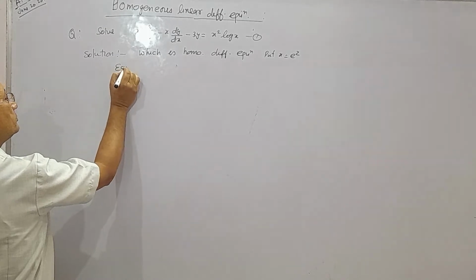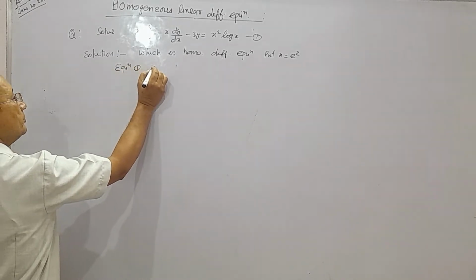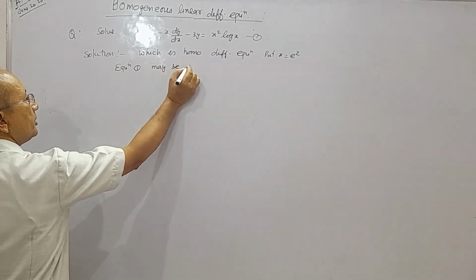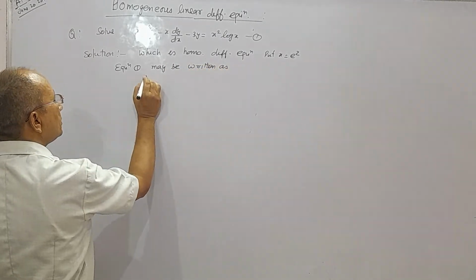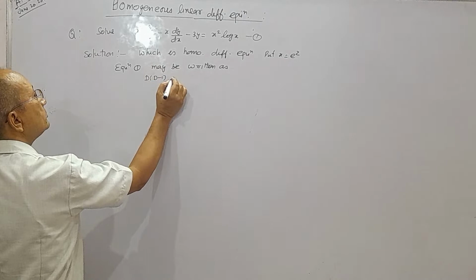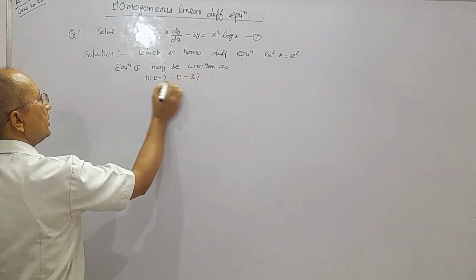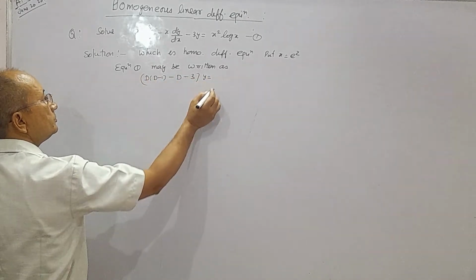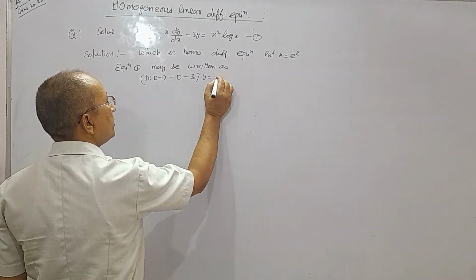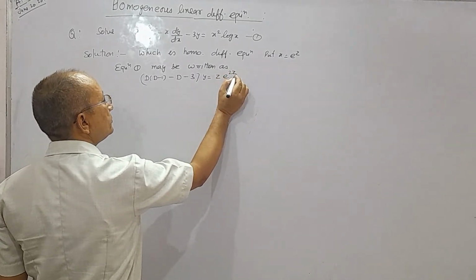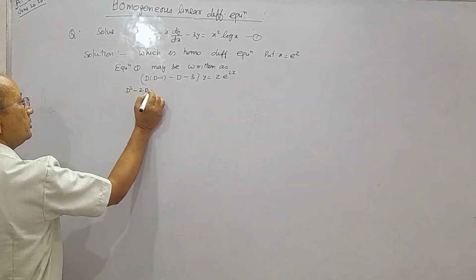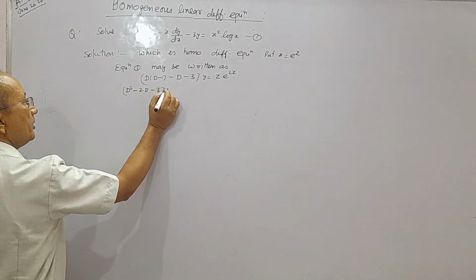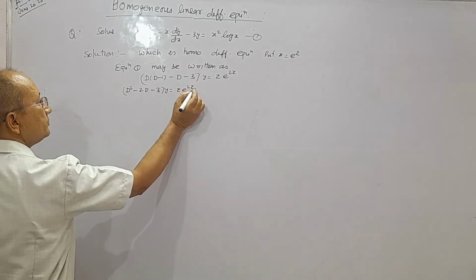Equation 1 may be written as D into D minus 1 minus D minus 3 into y equals z e to the power 2z, that is, D square minus 2D minus 3 into y equals z e to the power 2z.